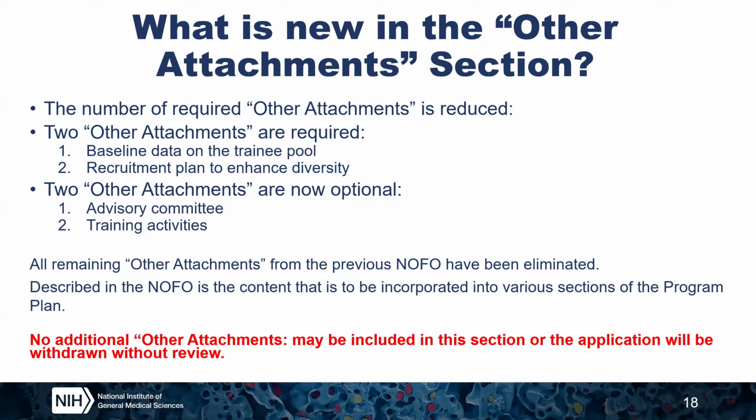All remaining other attachments from the previous NOFO have been eliminated. Described in the NOFO is the content that is to be incorporated into various sections of the program plan. Again, no additional other attachments may be included. If you include this, the application will be withdrawn without review.